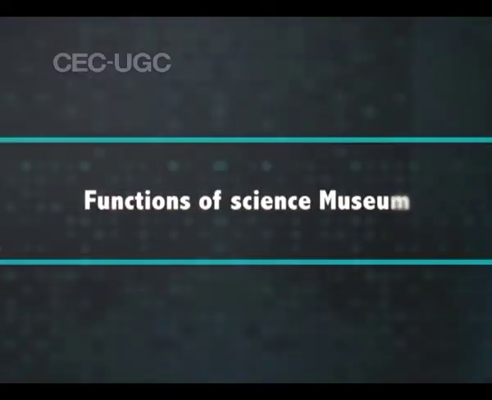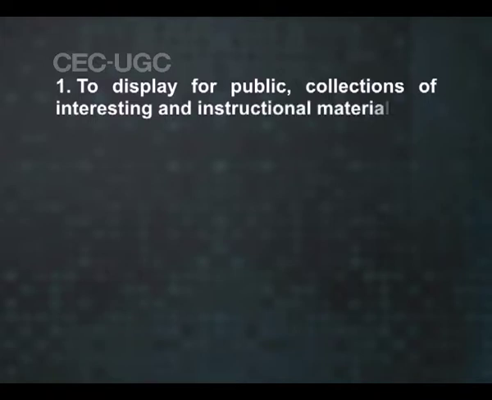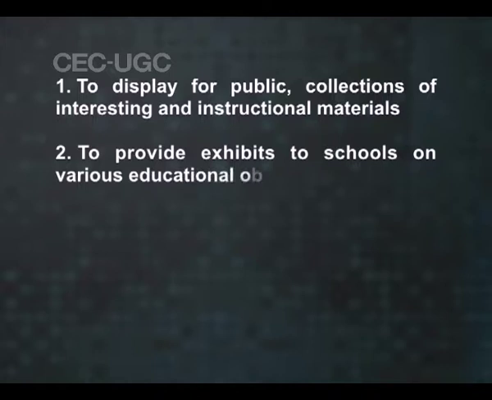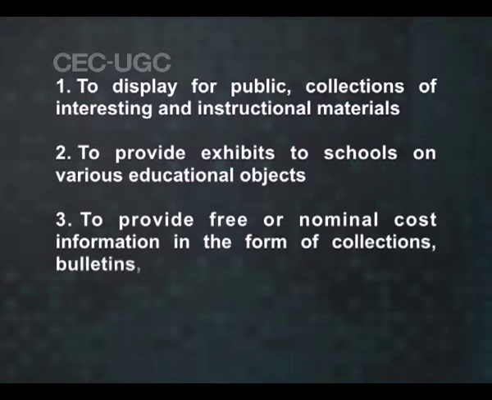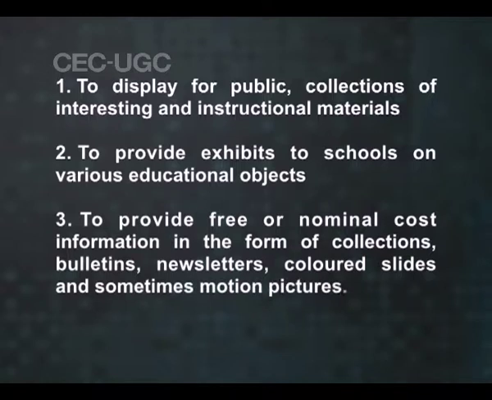Functions of Science Museum. First, to display for public collections of interesting and instructional materials. Second, to provide exhibits to schools on various educational objects. Third, to provide free or nominal cost information in the form of collections, bulletins, newsletters, colored slides, and sometimes motion pictures.